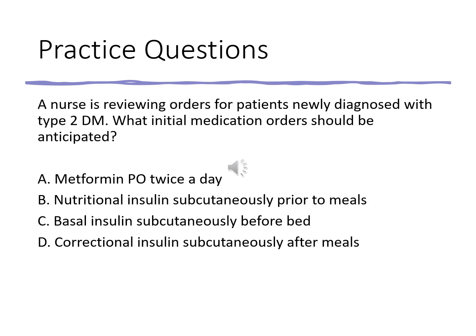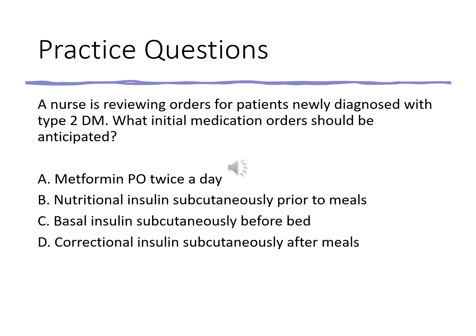Nurses reviewing orders for patients newly diagnosed with type 2 diabetes. What initial medication orders should be anticipated? So let's take a look at this and then pause this and let's see what answer you come up with. All right, so the correct answer is A. Our first drug that we try for type 2 diabetes is metformin.